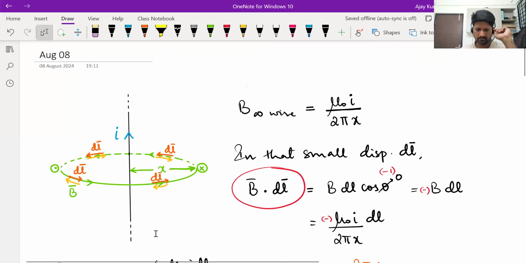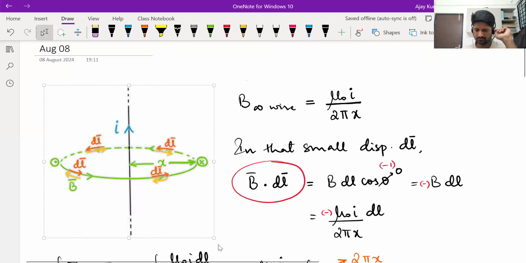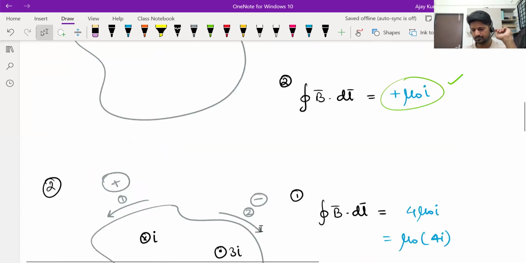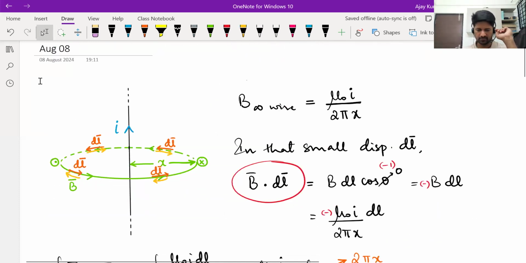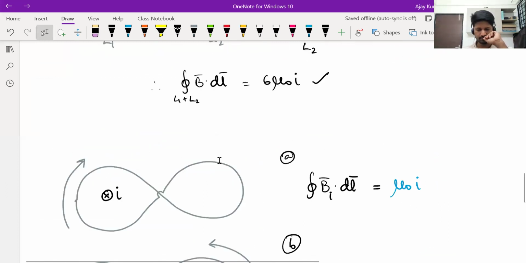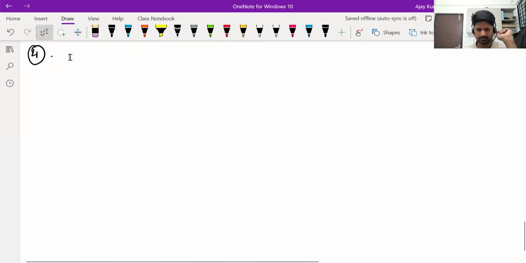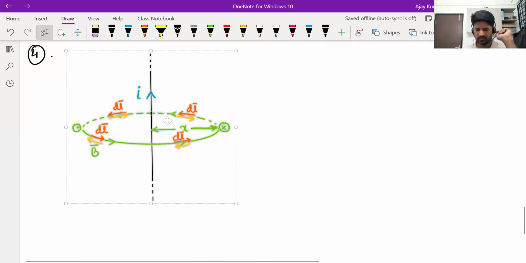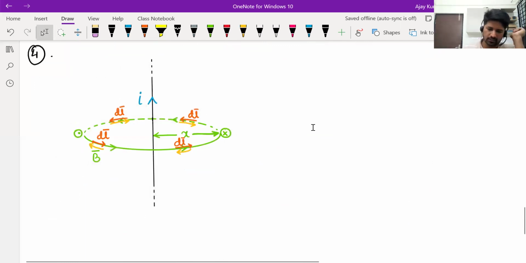Let's consider this situation itself. Or, okay, fine. Let's take this first. Now, if you take a closed path, like we know the field produced by a straight current carrying wire, right?